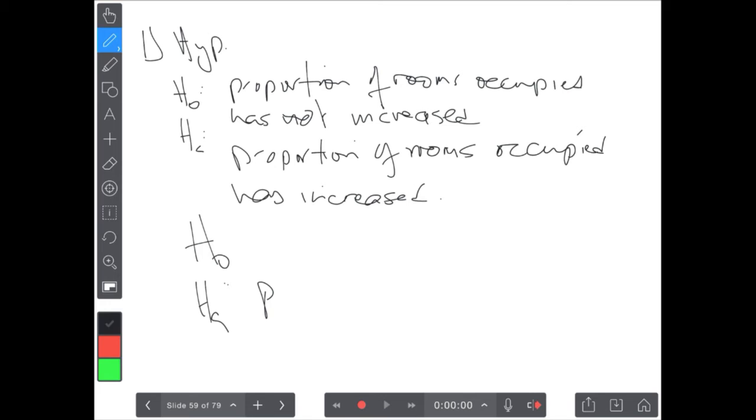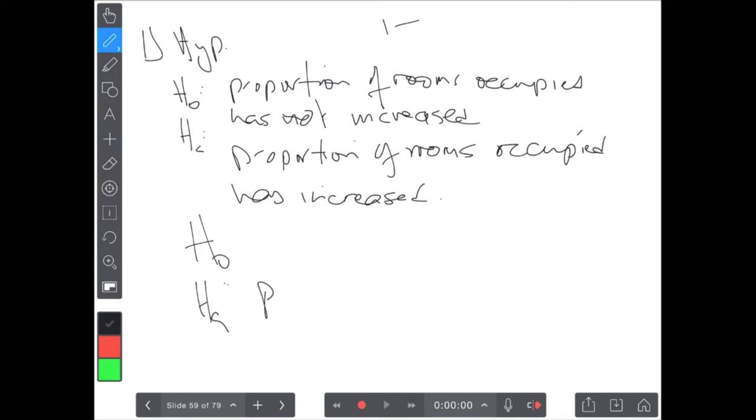Or maybe it might be a little easier to just use C for current and P for previous. But the only problem is that P, if I use P as an index, gets confused with P itself, which is the proportion. So I'm going to use 1 for previous, 2 for current. Okay? So I'm going to make a note.